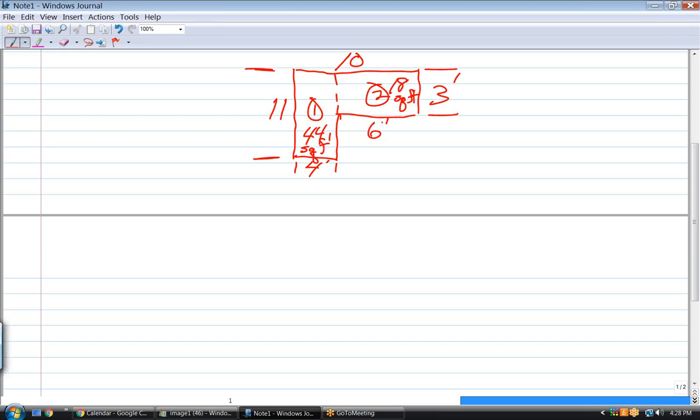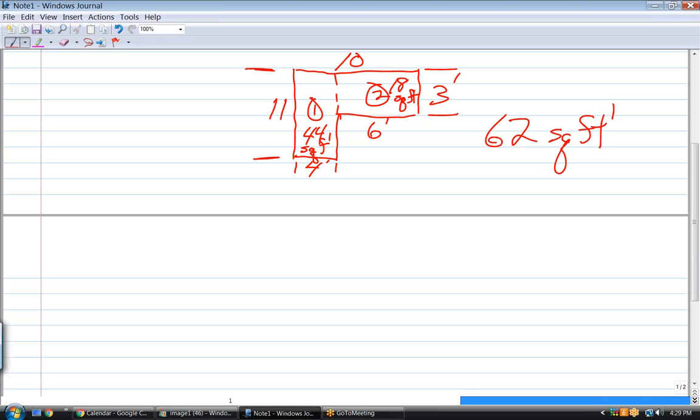Once I've separated this L-shaped thing into 2 rectangles, all I need are the dimensions of each rectangle. Just do the base times width and add them together. What do we have? 62 square feet.